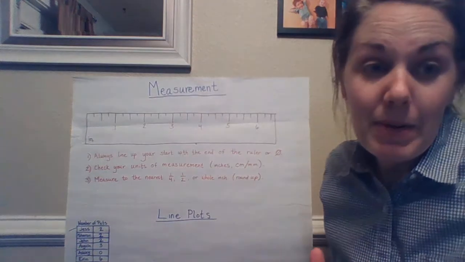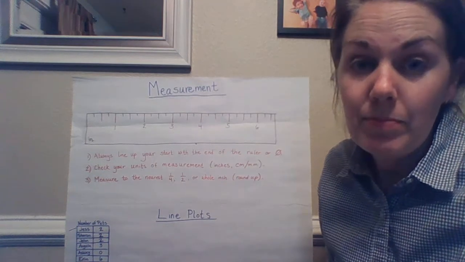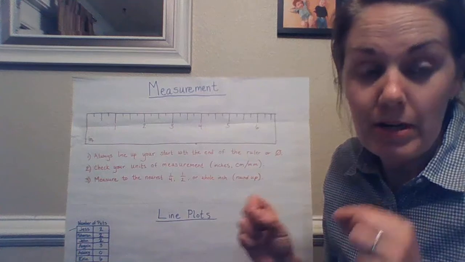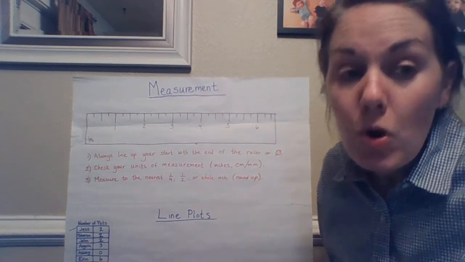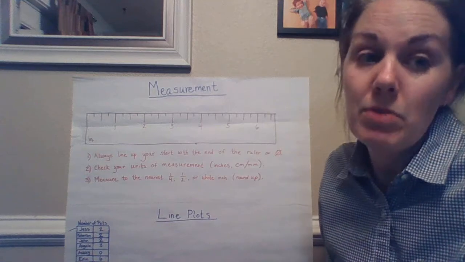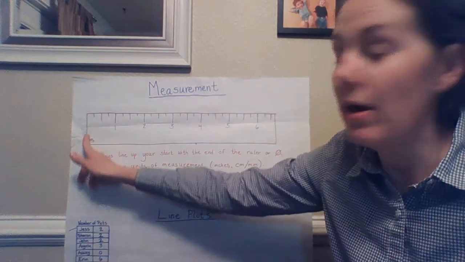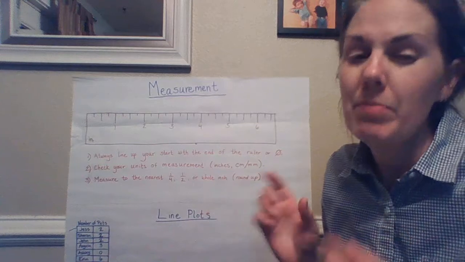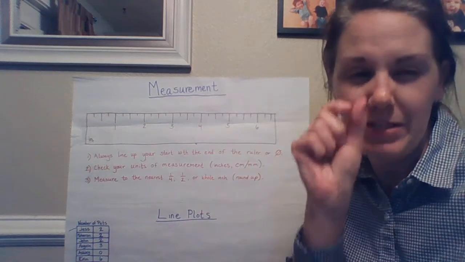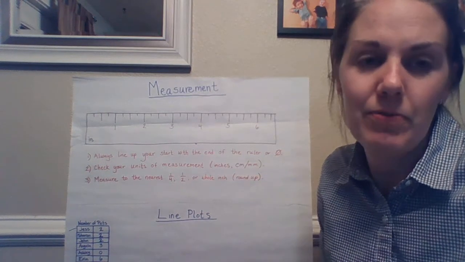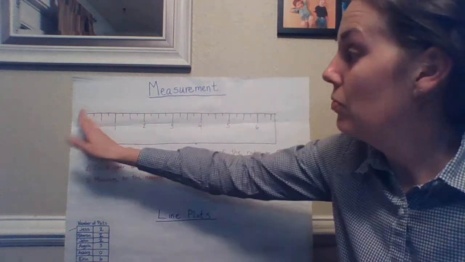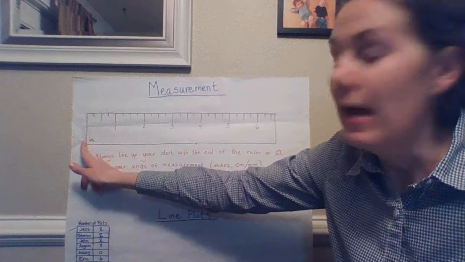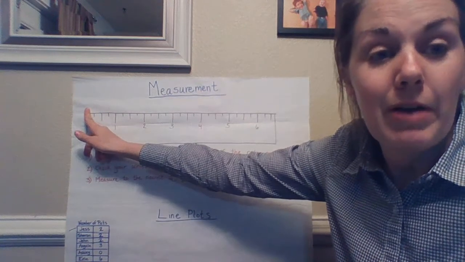So you'll have to pay attention to the ruler to make sure that you adjust where the starting place is if it has 0 written. Most rulers do not have that. Most rulers do count the end as 0, but I have seen a few that have just that little bit of difference there. But for the most part, what you will want to do is line up the end of your ruler with the end of whatever you are measuring.